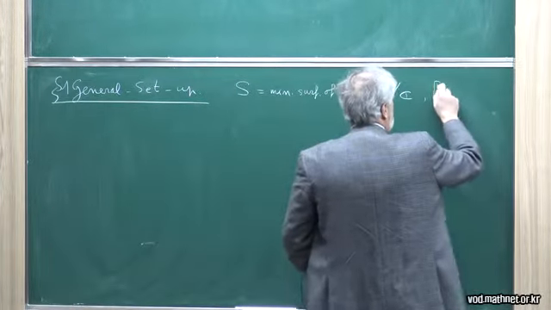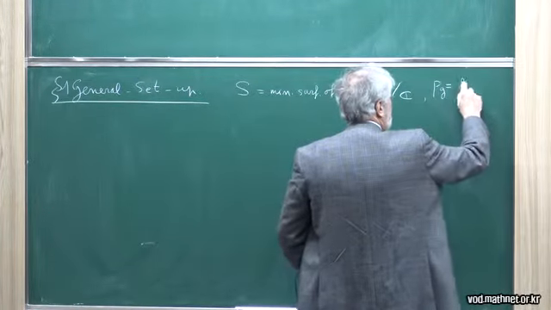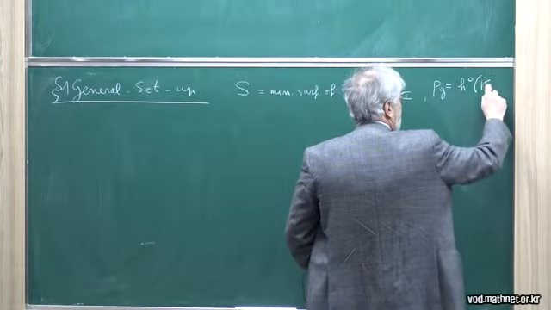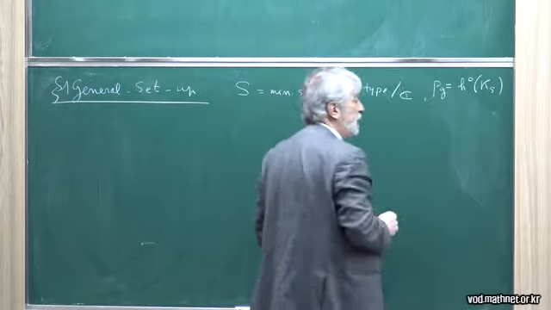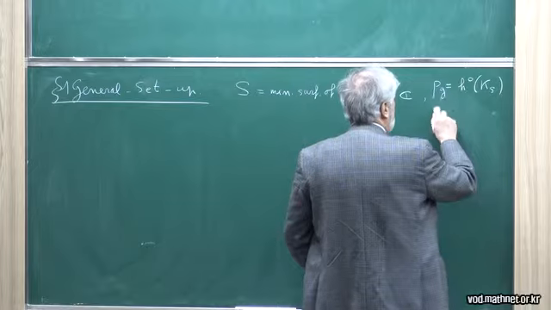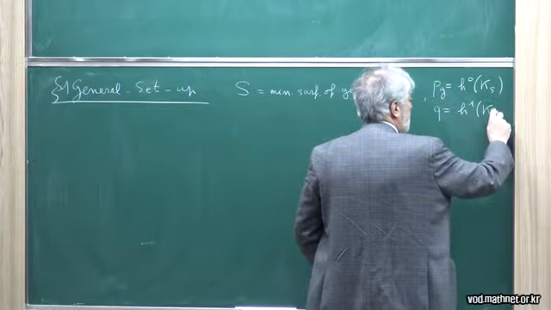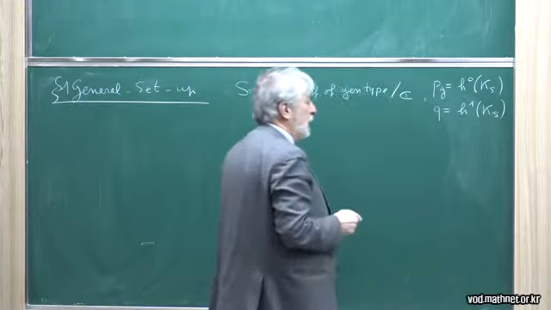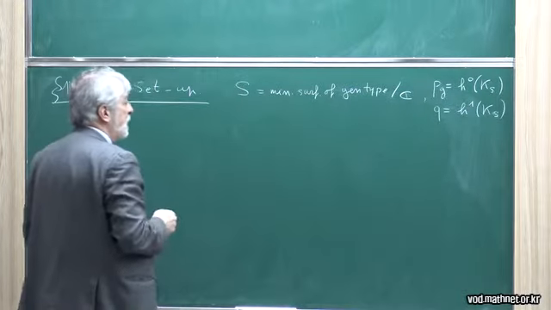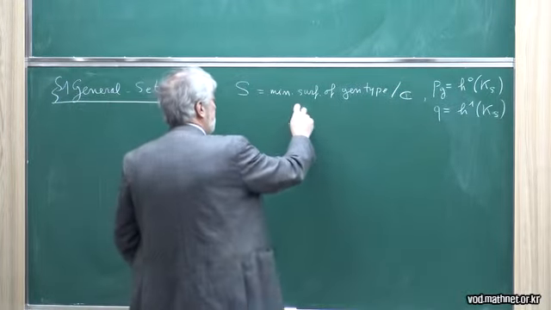I have p_g, which is the number of sections of the canonical sheaf, and q, which is H^1 of the same sheaf. And regular means q equals 0.